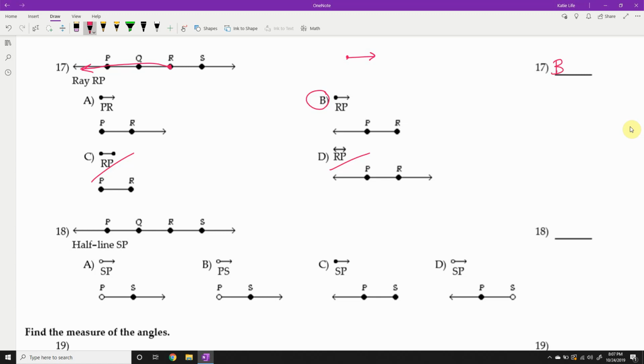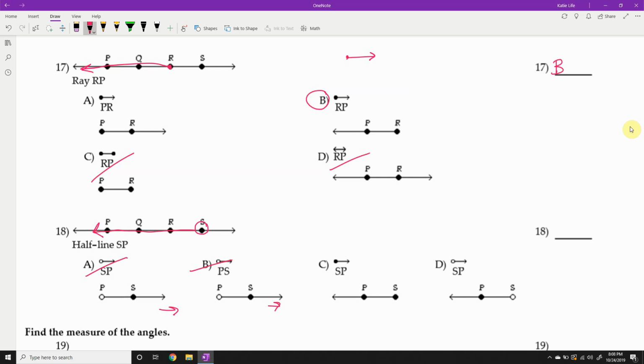Number 18, half line SP. Well, the point at which the half line technically begins is not included in the half line. So we would have an open circle at S and oriented to the left through point P. So that eliminates A and B because their orientations are both to the right.